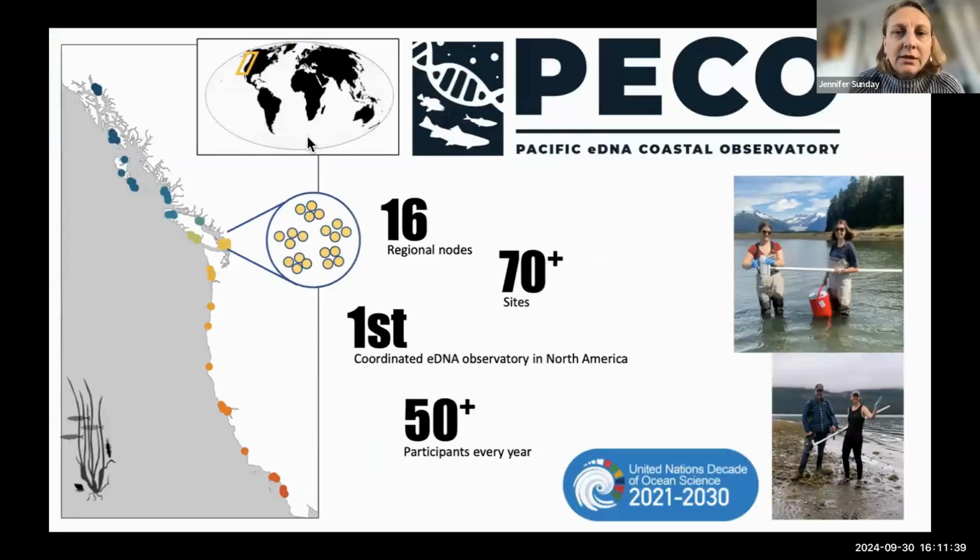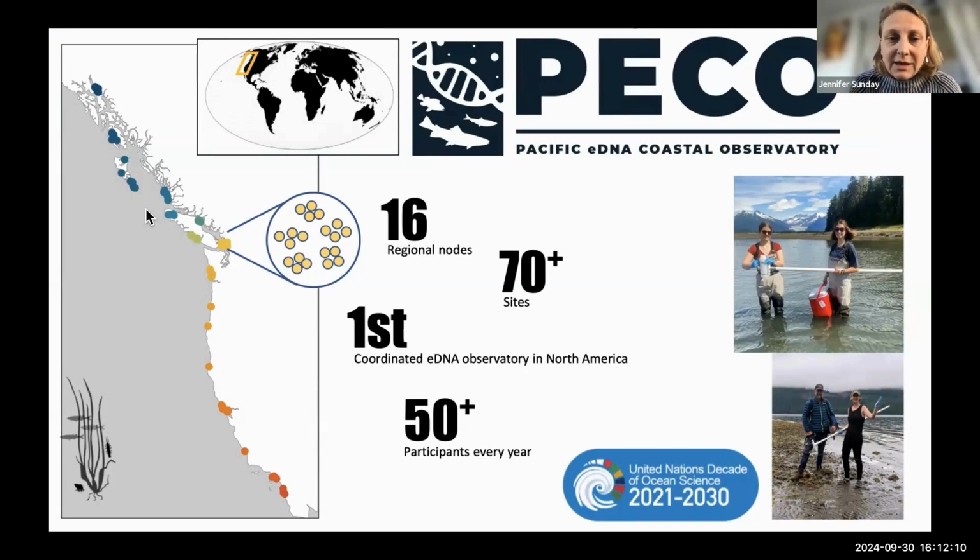So the focal area is on the Pacific coast of North America. Our project is a networked collection of seawater for eDNA that happens at a snapshot. So in between about 2 months, every summer, the network of partners go out and collect the seawater.